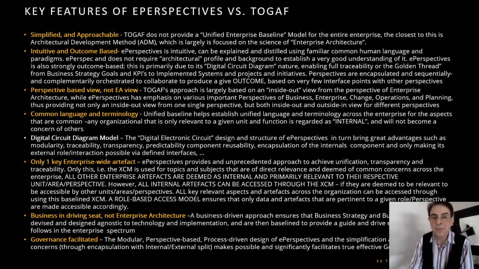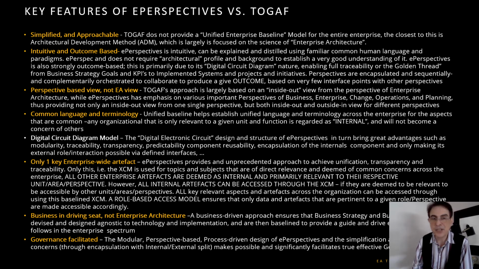We have one key enterprise-wide artifact, as I mentioned, the XCM, and that gives us everything, traceability from business strategy and KPIs all the way to strategic capabilities, business capabilities, enterprise capabilities, and change planning. And later on to implementation, and this circularly goes back as a perpetually improving business enterprise organization.